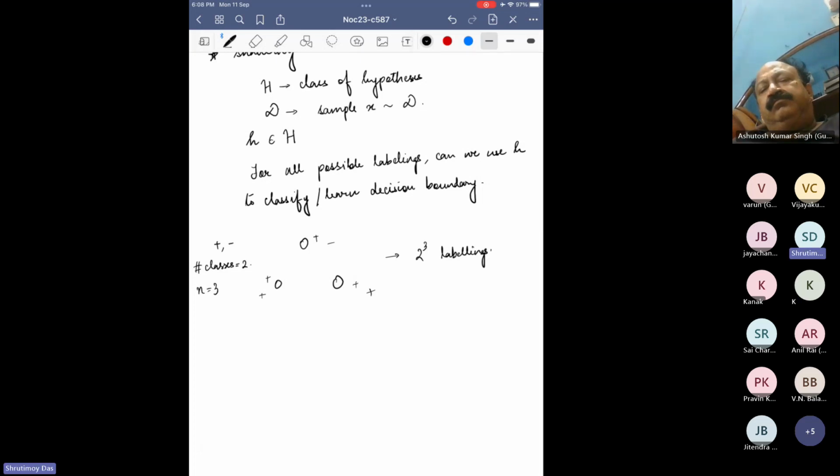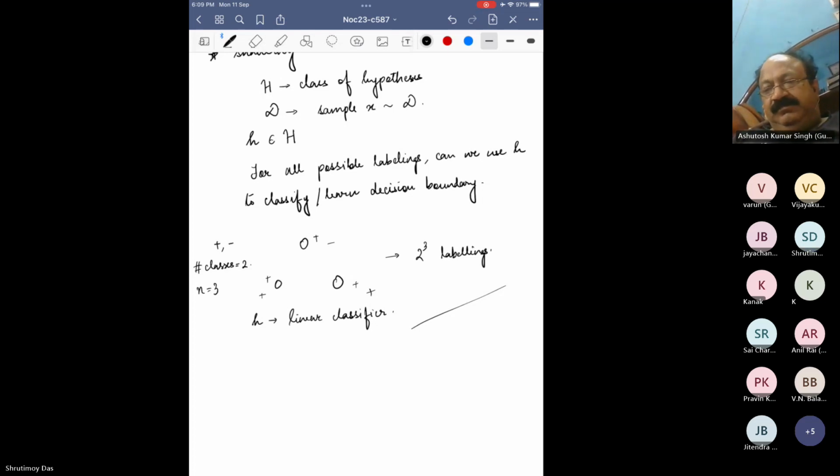Okay. So suppose we say that our H is a linear classifier. Suppose we are looking at classifiers of the form of a straight line boundary. Given however these points may be distributed, we can always draw some line that can help in classifying between the positive points and the negative points.